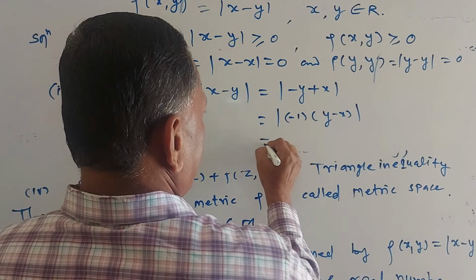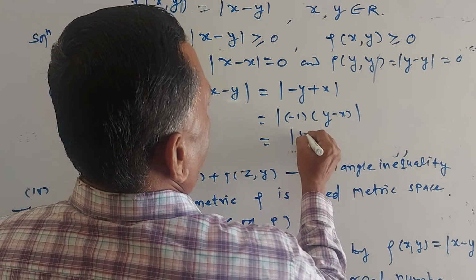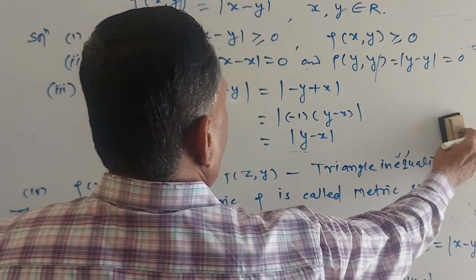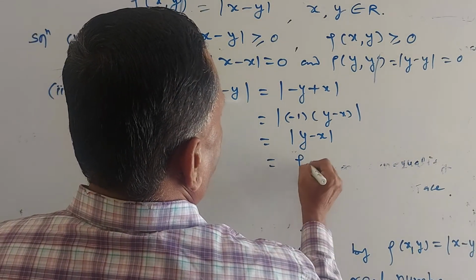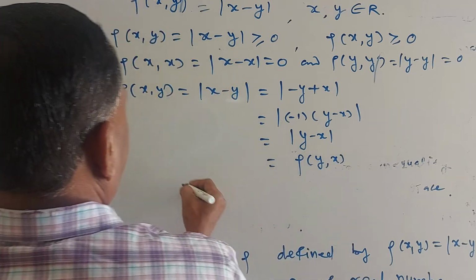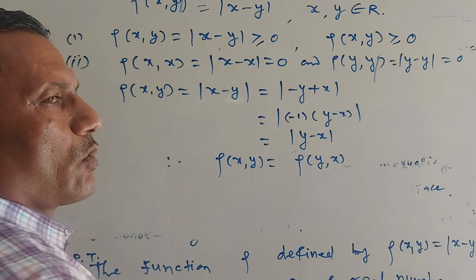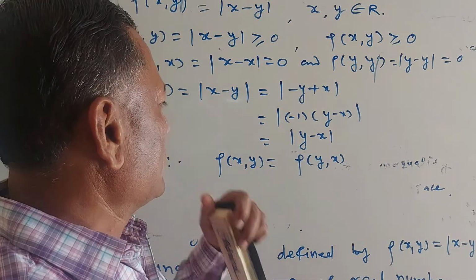The mod of minus 1 is 1, so it is equal to mod of y minus x. And mod of y minus x is equal to rho of yx. Therefore, rho of xy is equal to rho of yx. Therefore, the symmetric property is also satisfied.